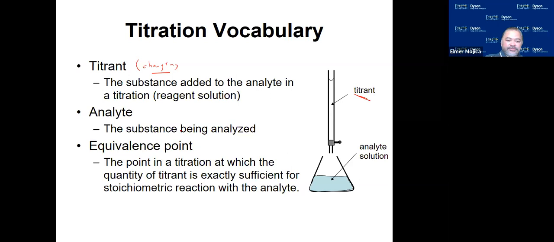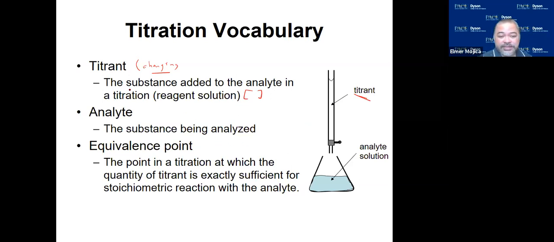What is constant with the titrant is the concentration. There will be no change in the concentration of your titrant. The one that's changing is the volume that you use until you reach the so-called equivalence point, which we're going to discuss later on.